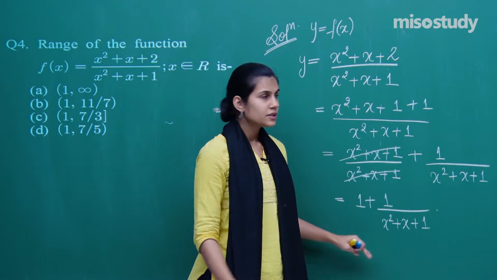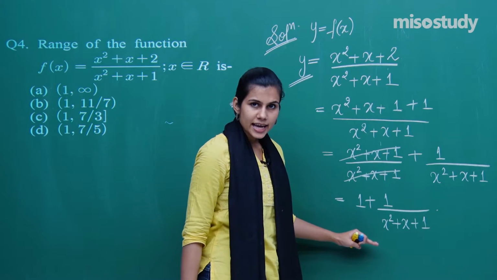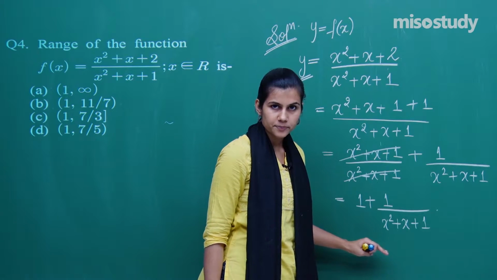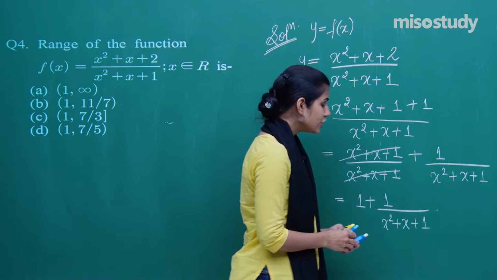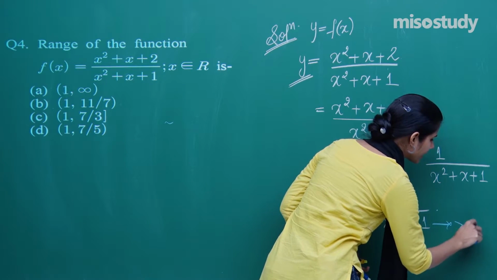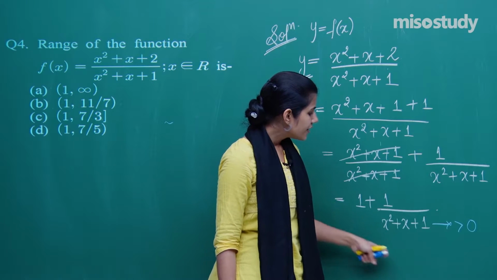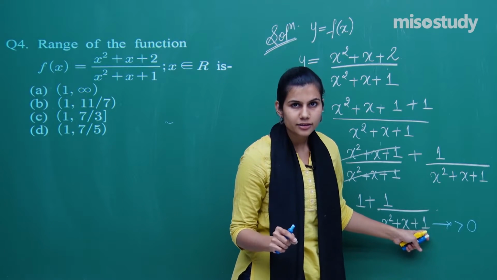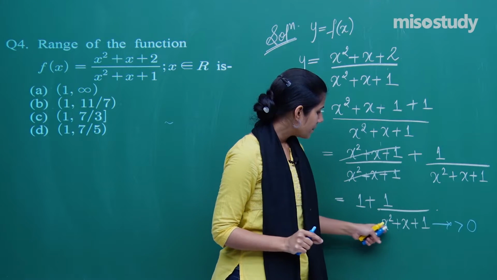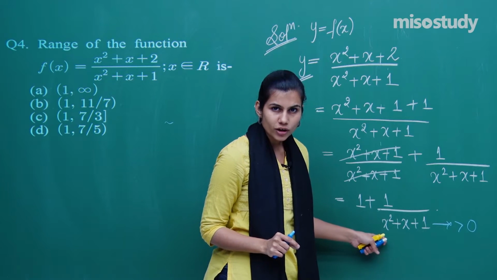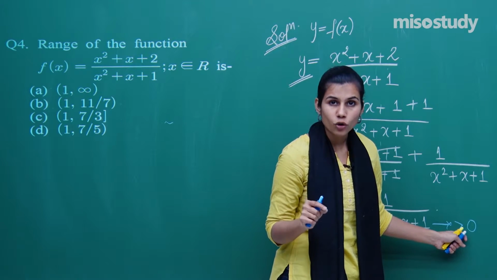Now carefully observe, this is my y as the output and it is coming out to be equal to this expression. Here 1 is sitting in the numerator, and in the denominator I have x square plus x plus 1, which is always strictly greater than 0, because even if you put 0 in place of x, you always get a non-zero answer in place of the denominator. Because x square is always non-negative, you are going to get this expression always to be non-zero.